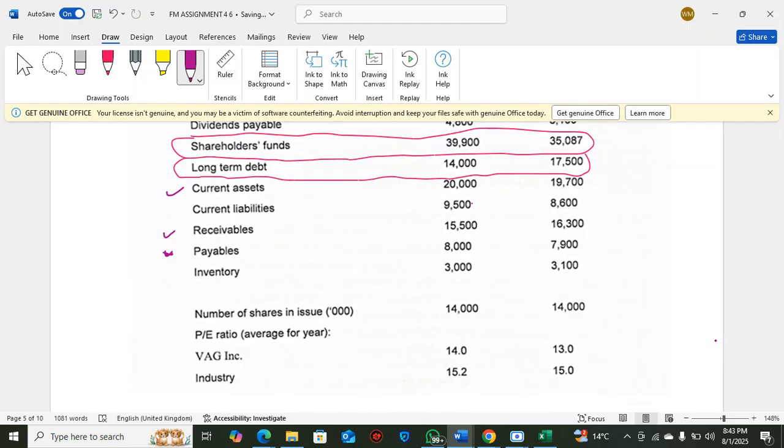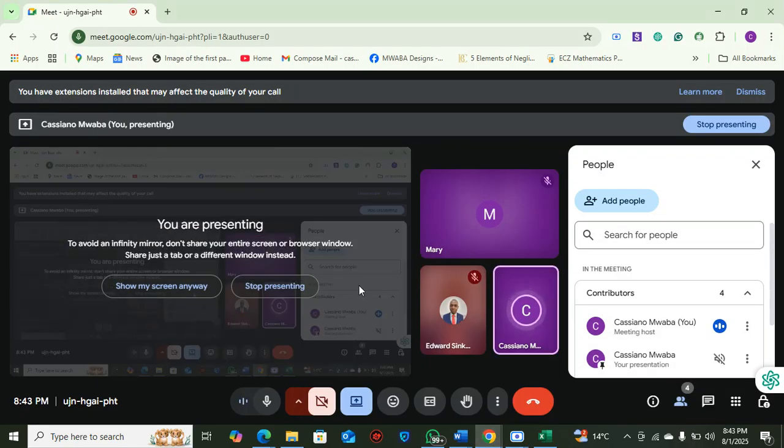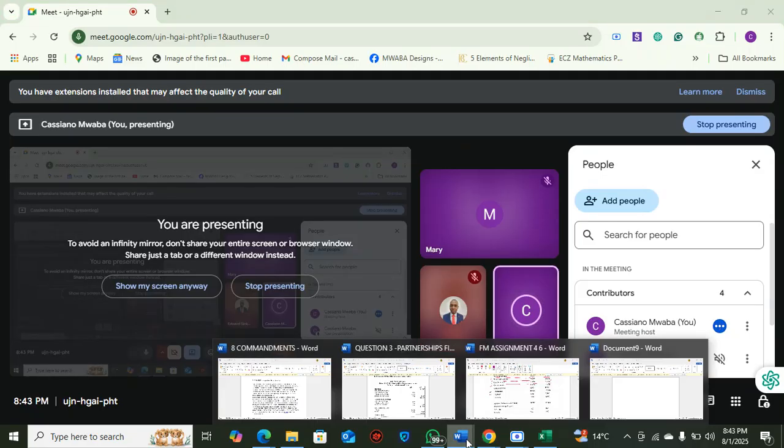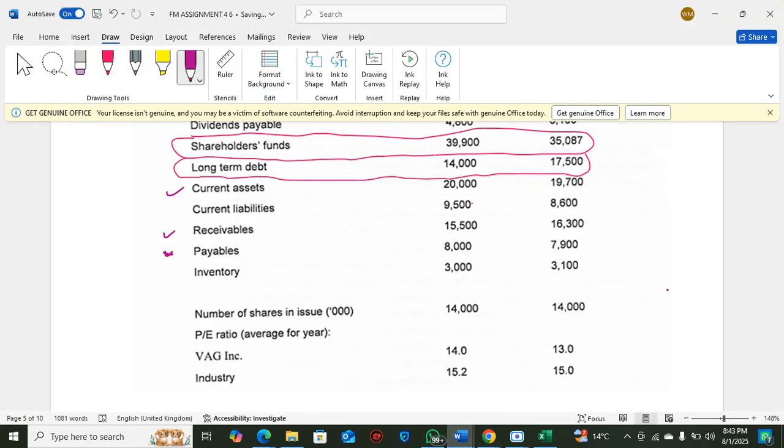Because remember, there are both current and non-current assets. We can still use this formula.